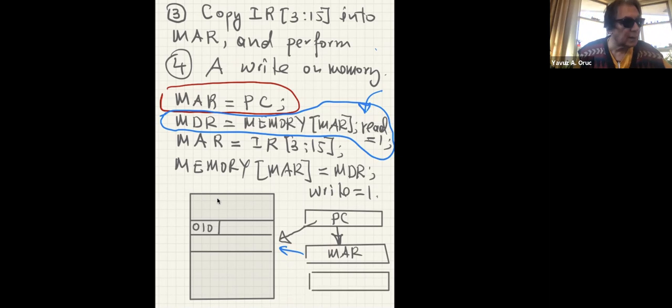This is our MDR. I got about 2 minutes to wrap this up. Okay, and then we grabbed it and pushed it into here. What is this called? A read. We just read what's in that place. That's our operand.